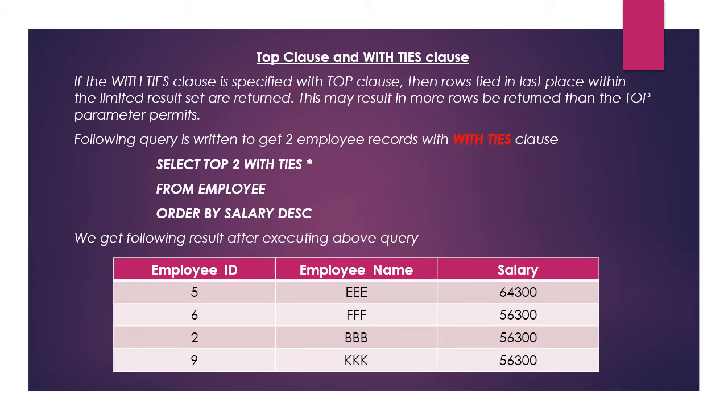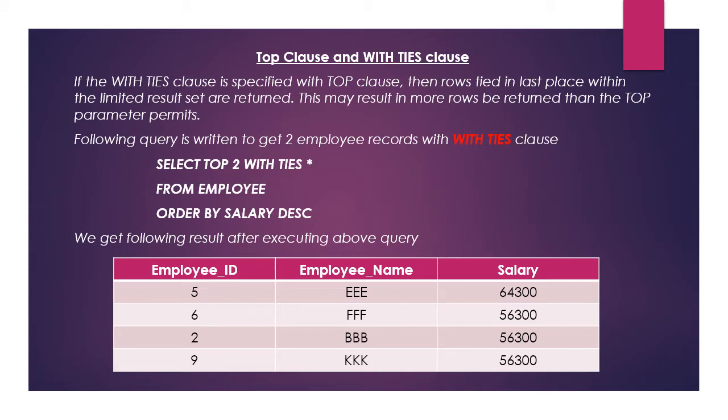Going to next, our topic is top clause with ties clause. If the with ties clause is specified with top clause, then the rows tied in the last place within the limited result set are returned. This may result in more rows being returned than the top parameter permits.